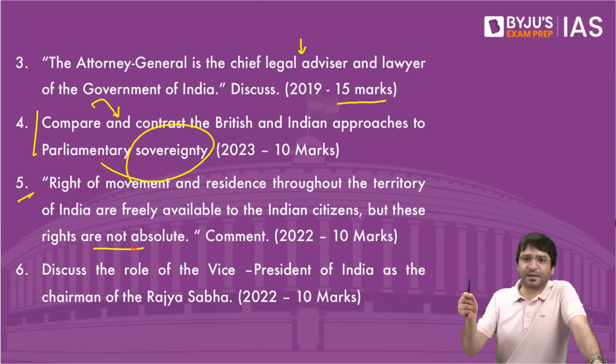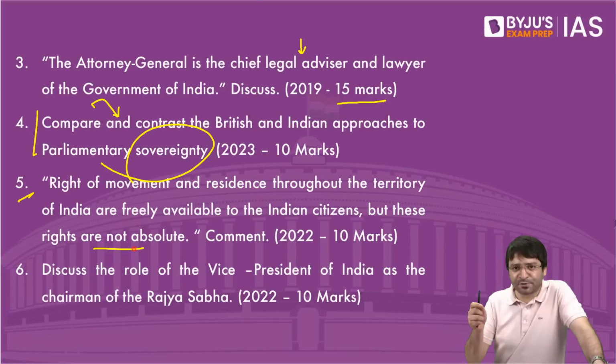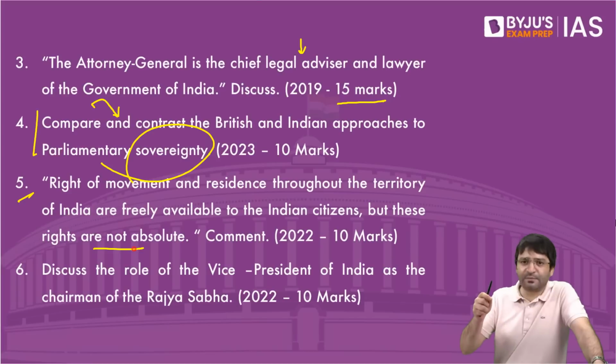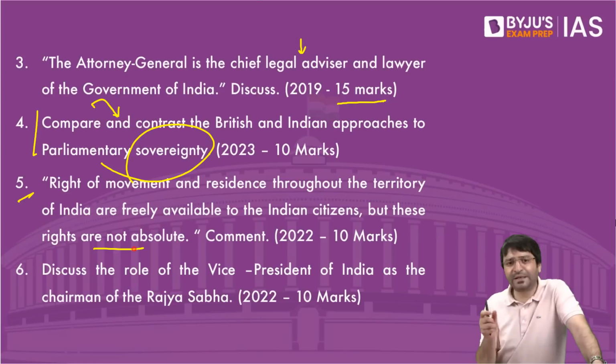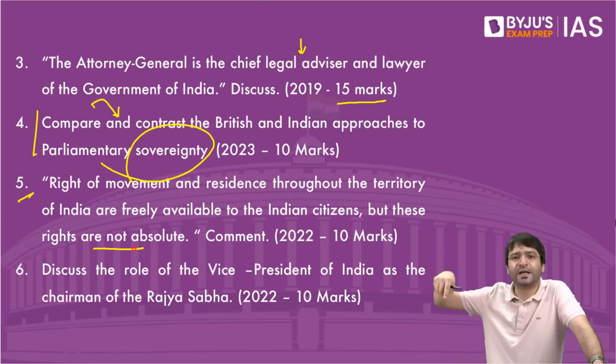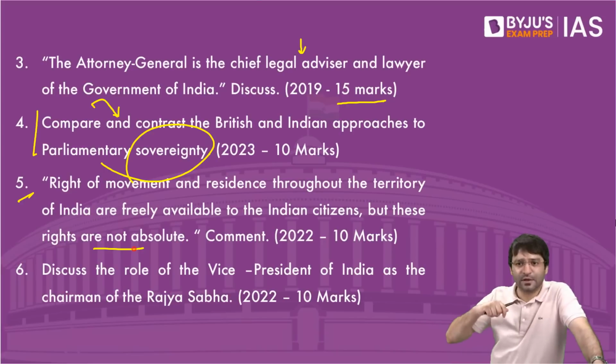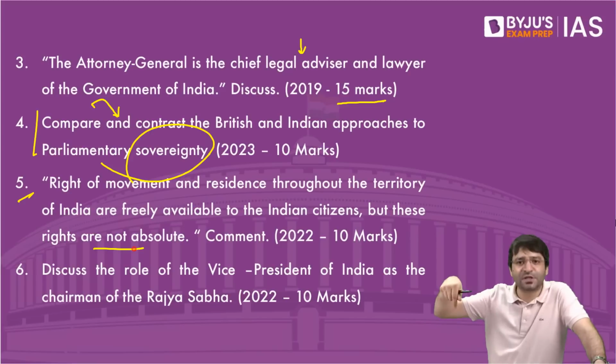But these fundamental rights are not absolute, because restrictions can be imposed on your freedom of residence, freedom to travel, on the following grounds. Number one, in the interest of the general public. For example, during the COVID-19 pandemic, restrictions were imposed on the freedom of movement. For example, leprosy patients.